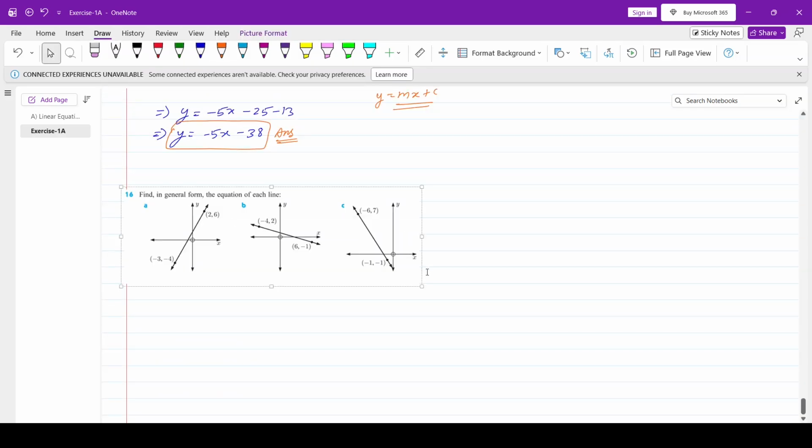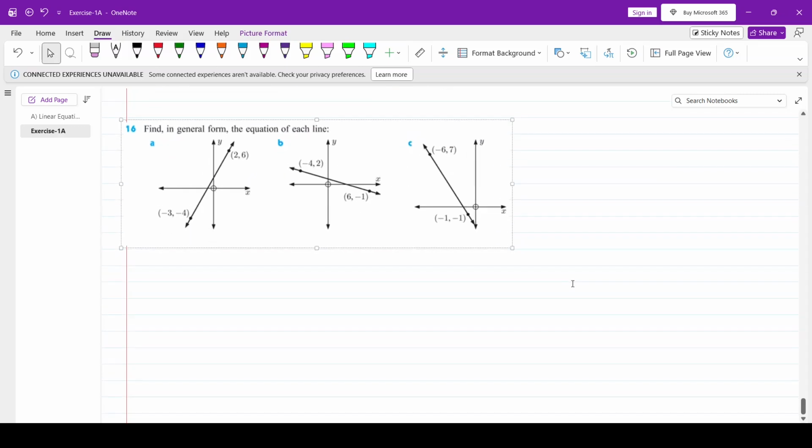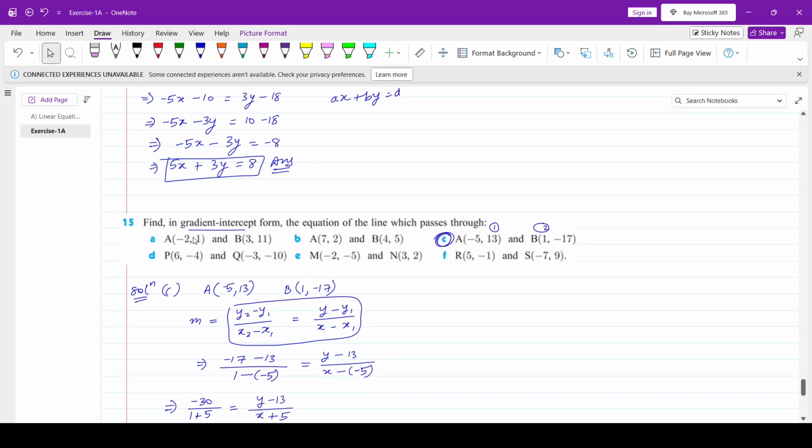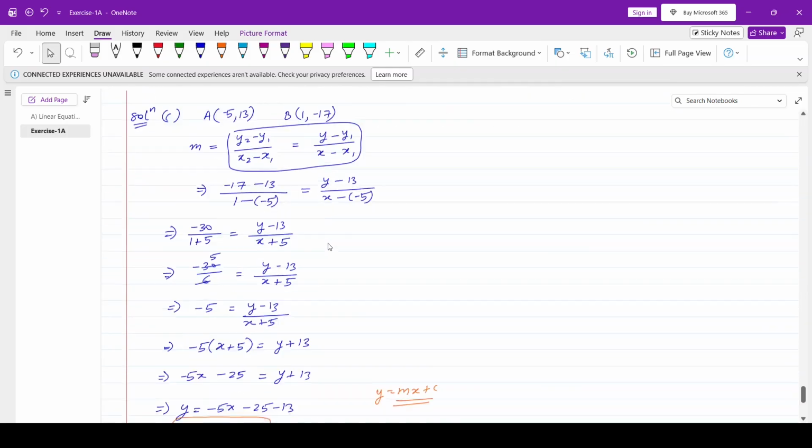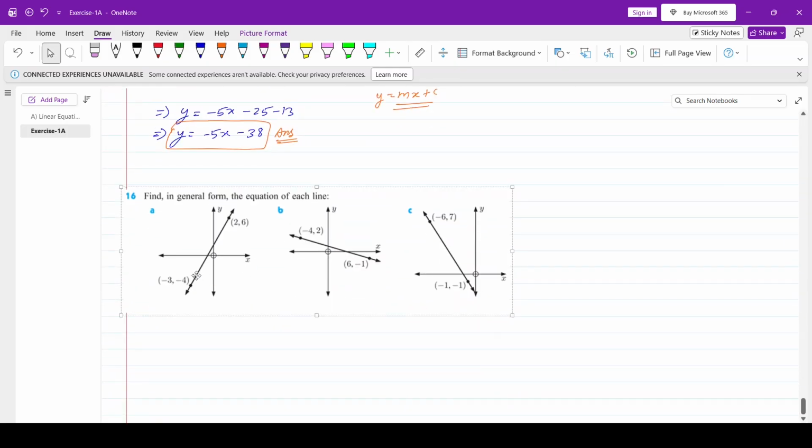Moving on to question number 16. Find in general form the equation of each line. As we saw in question number 15, we had 2 points, point 1 and point 2. Similarly here, point 1, point 2. Now those 2 points were given to us in writing.